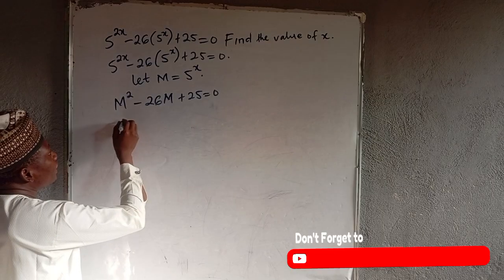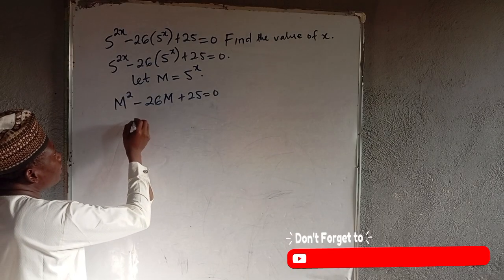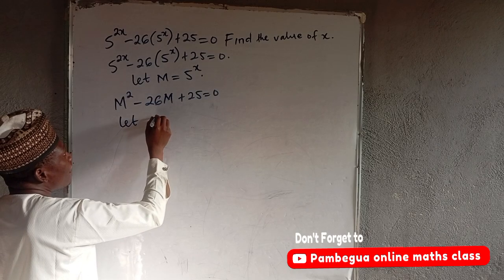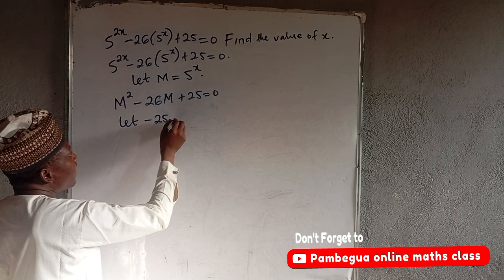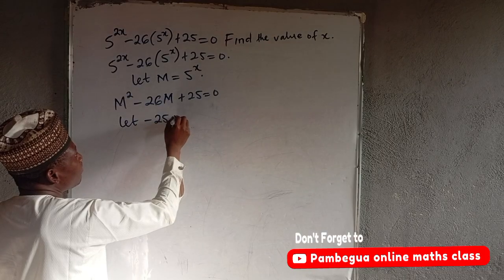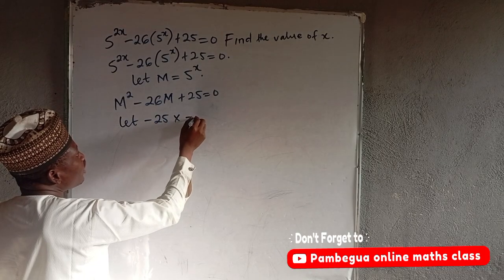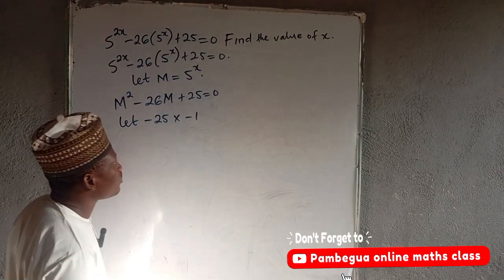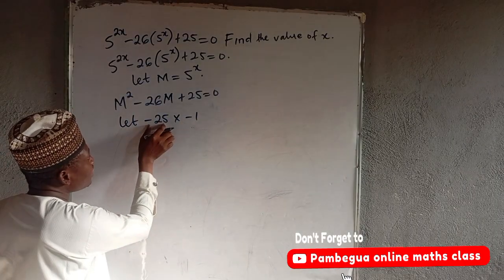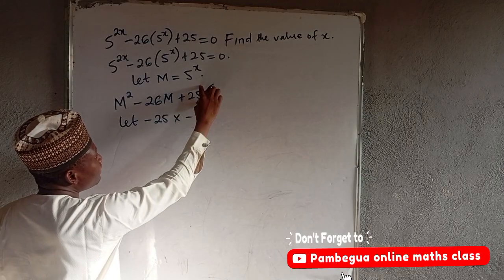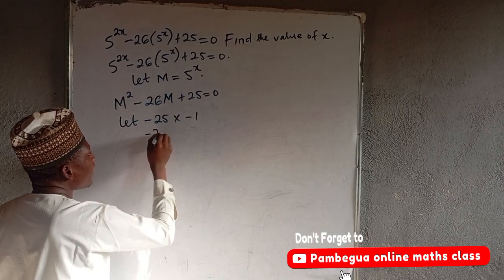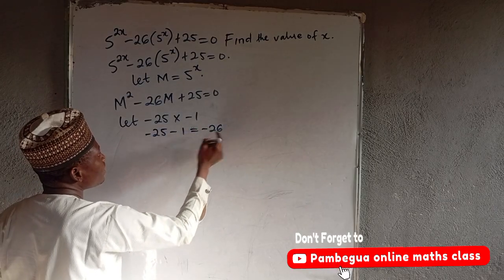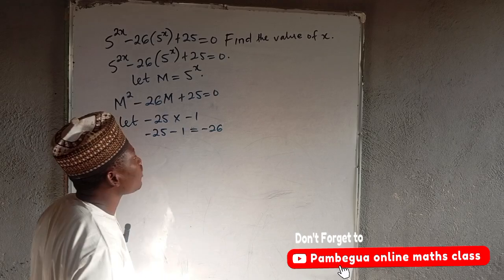Now let my factors be minus 25 and minus 1, because minus 25 multiplied by minus 1 is going to be 25, and minus 25 minus 1 is going to be minus 26, and this is the right factor.